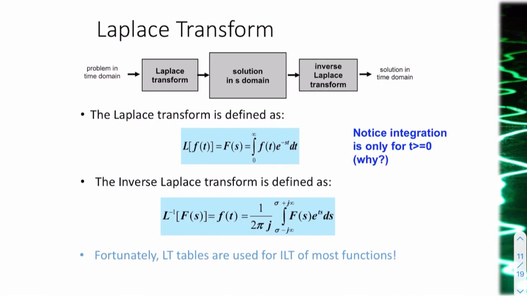So now for the actual detail, what do we mean by the Laplace transform and the inverse Laplace transform? Just like we used a capital F, curly brackets, for the Fourier transform, this time we'll be using a curly L for the Laplace transform.